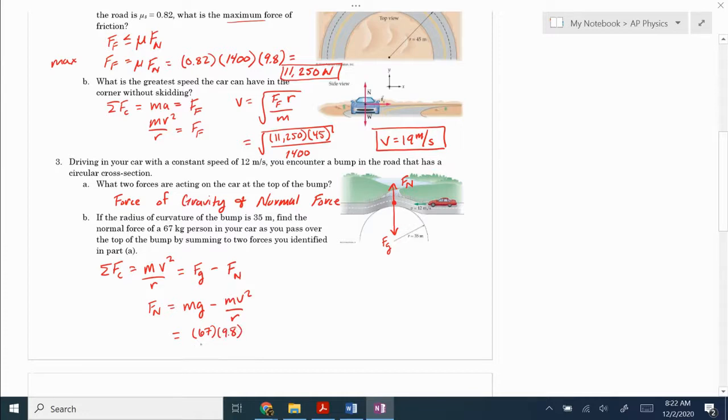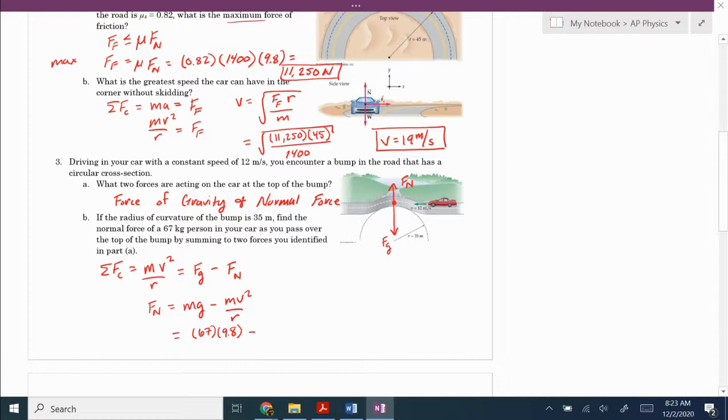Realize I'm using 9.8 instead of 10. You can just change it if you need it. R is 35. Oh, shoot, that's not where that goes. Sorry, I was getting distracted by my 10 here. Here we go: 67 times 12 meters per second squared over 35. There we go.